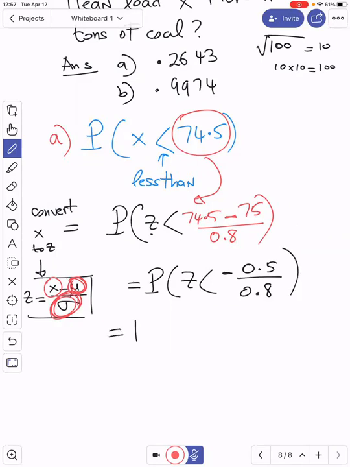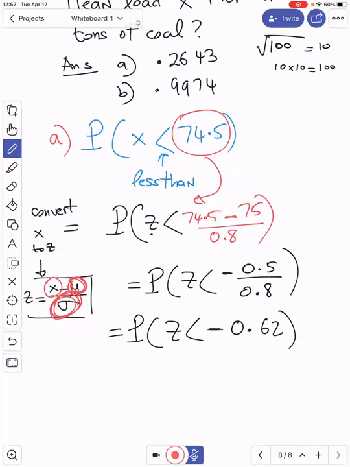So this is the probability that Z is less than negative 0.5 over 0.8, which equals negative 0.62, actually 0.625.